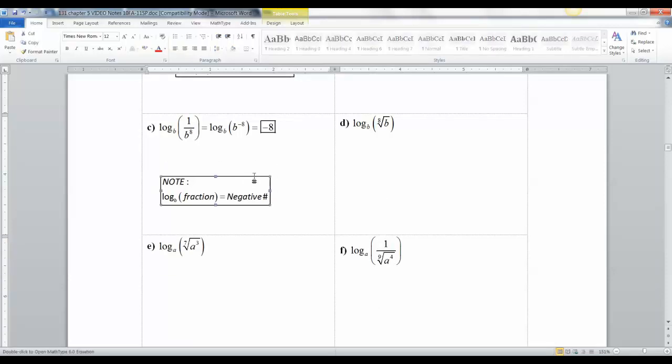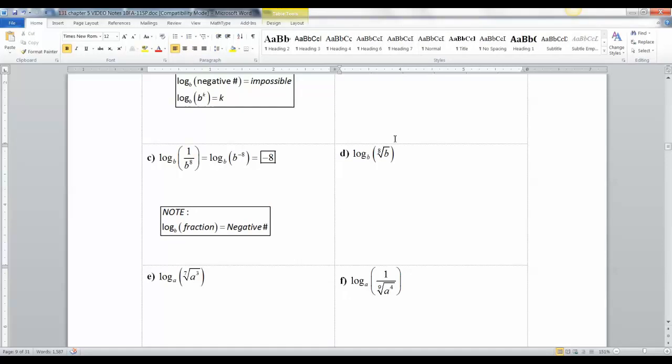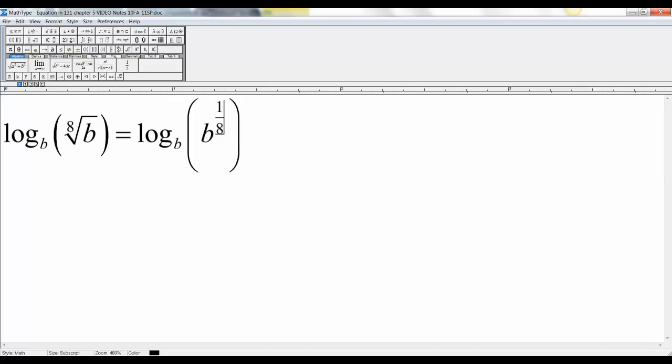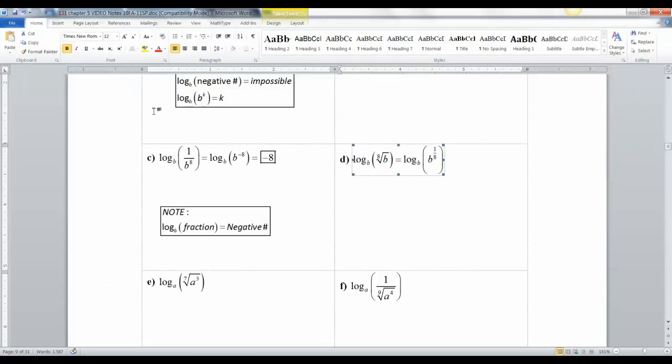All right, now that's very different from D. D is not looking at it in terms of a fraction. This isn't a fraction, but it's a root. Now remember, we learned in section 4.2 that this is really b to the 1 over 8, like this, right?